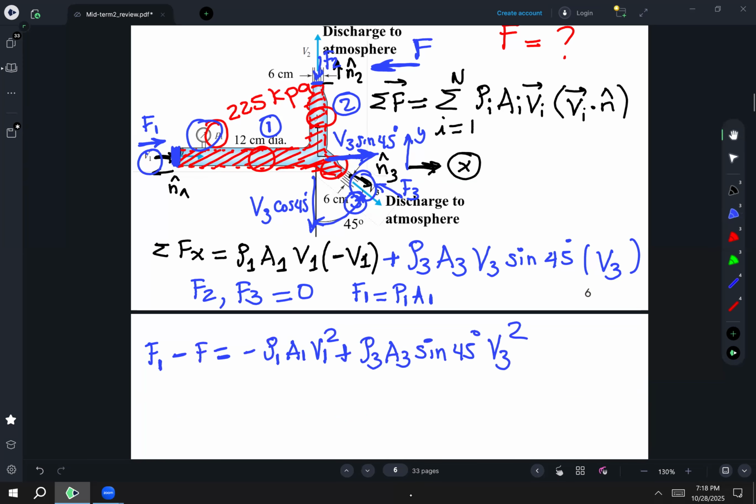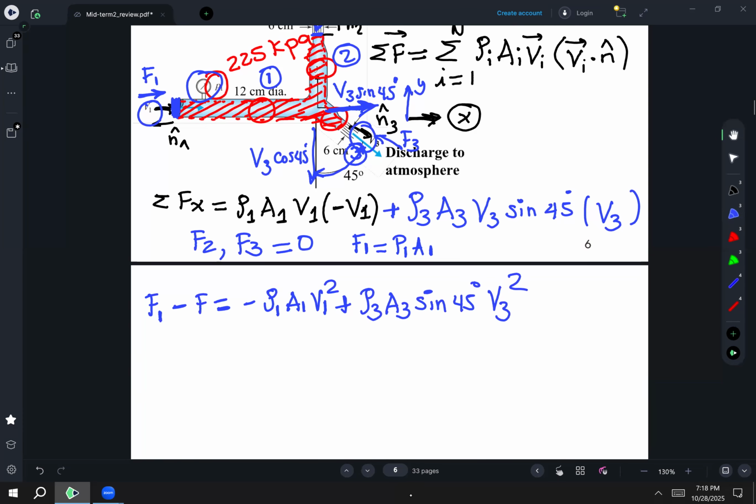That is what we have. This will be my equation 1 that results from the momentum equation. Okay, we know F1. F1 is going to be 225,000 pascals times the area 1. So I know F1.